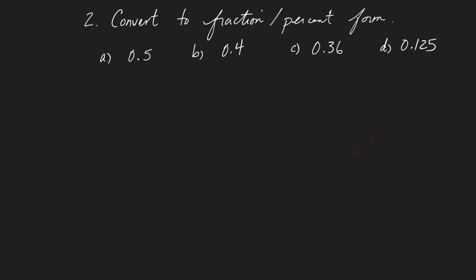Okay, what you now see on your screen is we're going to go through and we're going to convert, but we're going to change our number forms. So you'll notice that what I've given you on your screen right now is decimal form. We're going to go and change it into a fraction, which means I need to put my fraction line back in there. I need to put my division line back in there. And percent.